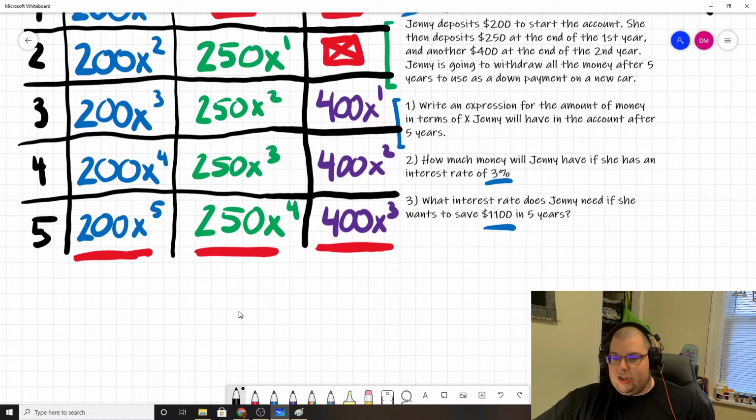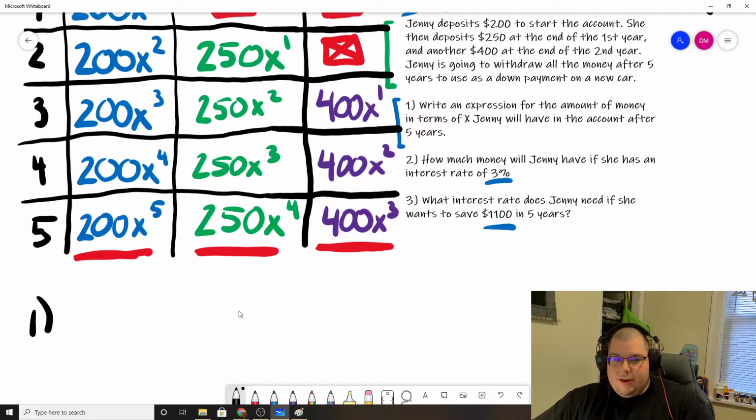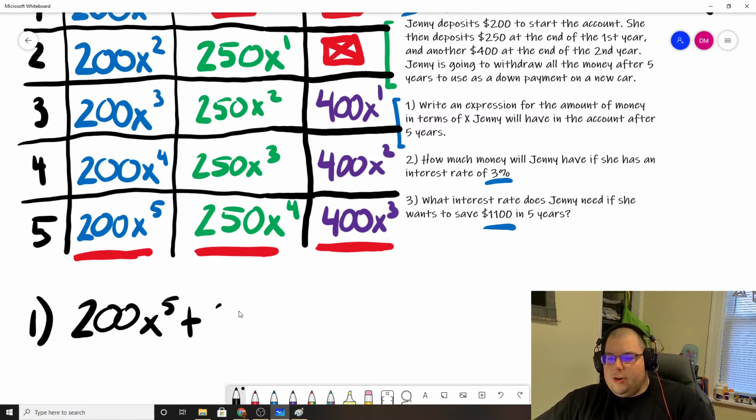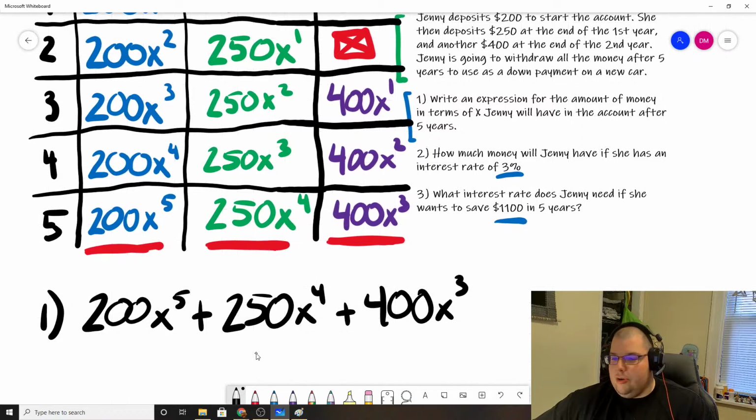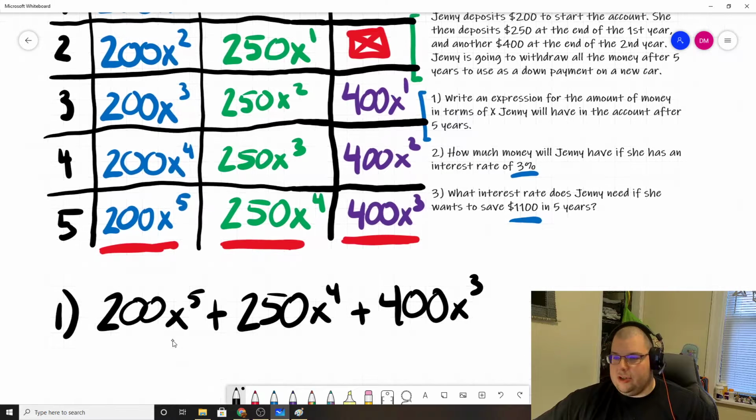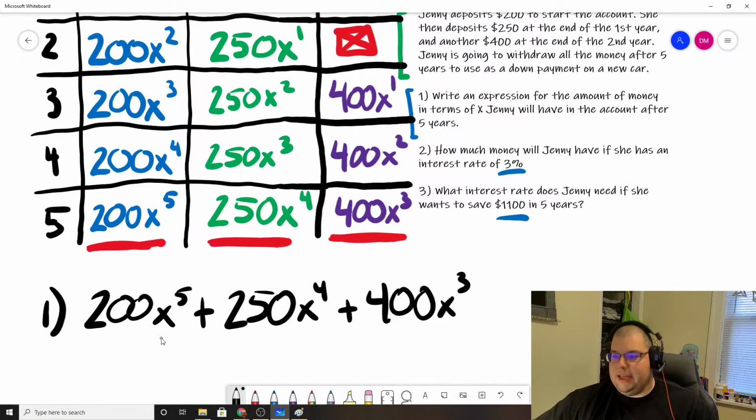So our answer to number 1 is going to actually be the total of all 3 of these things. And if you're wondering how we use the word total, we want to add. So we're adding all of these things up to create the expression for Jenny's account. So there it is, 200x to the fifth plus 250x to the fourth plus 400x cubed is our answer for number 1, the amount of money in Jenny's account.